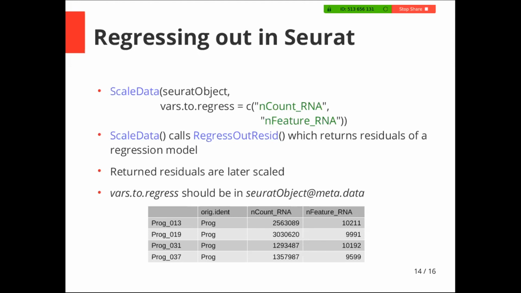Is there, Osa? Have you used some correction for mitochondrial count? Yes. Yeah. So what you do is you put that variable here in the metadata column, and you just mention it to the Seurat function, and it corrects the effect coming from that confounding factor.